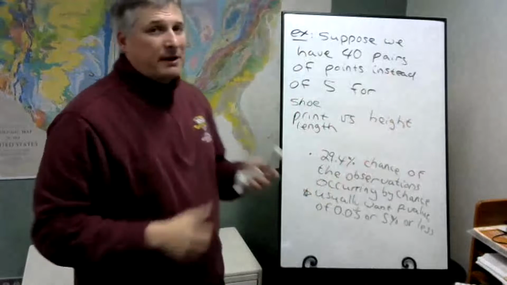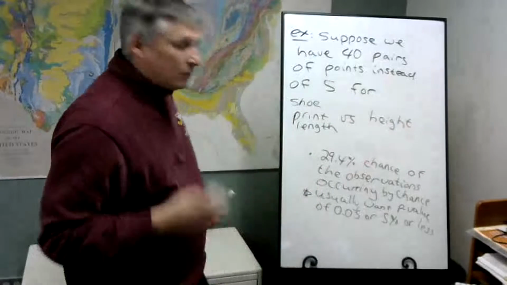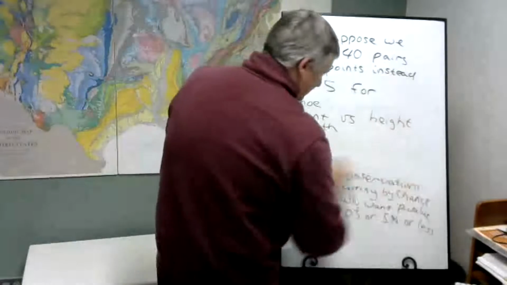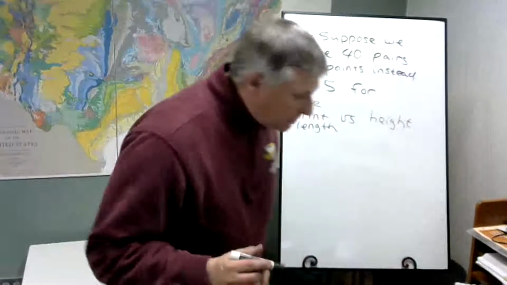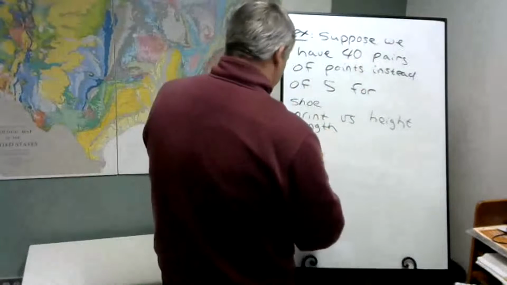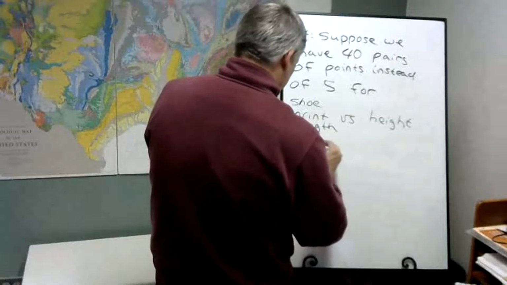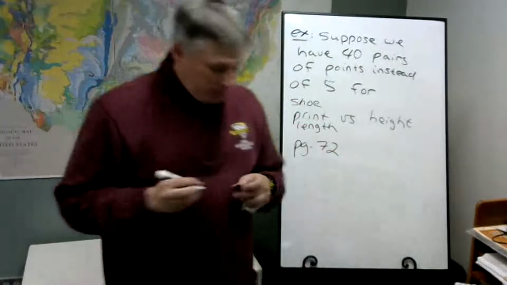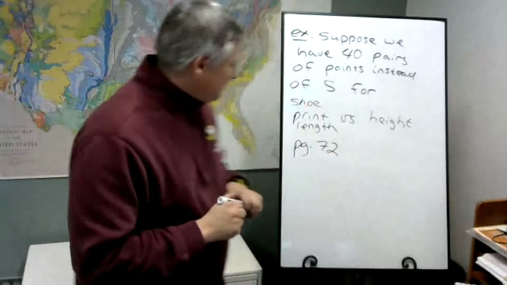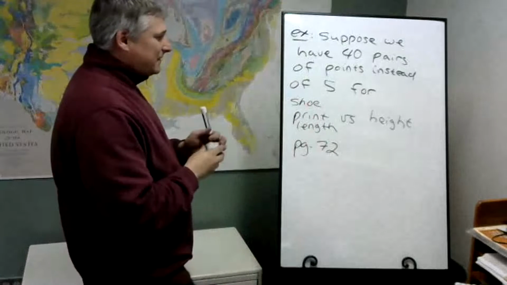Let's say we have 40 pairs instead of 5. What happens? Well, I'm not going to graph it just for the sake of time. And let's see, I don't know if they actually do have it. You can see it on page 72. You can see the graph, and it's much more linear looking.